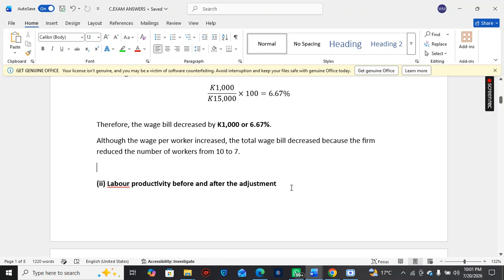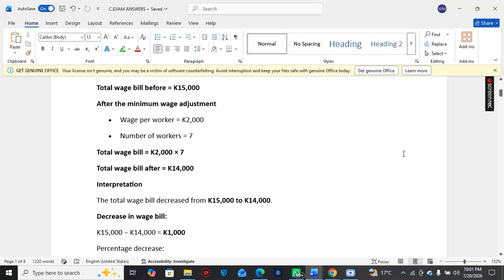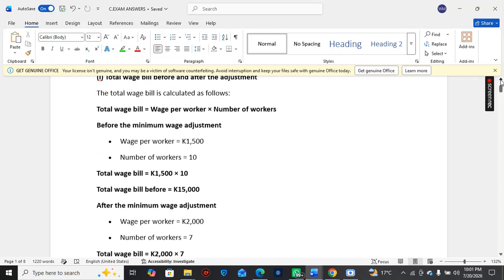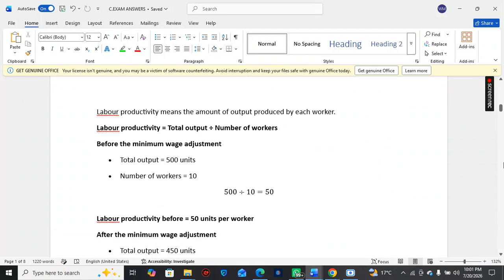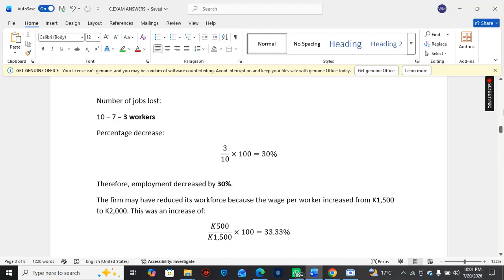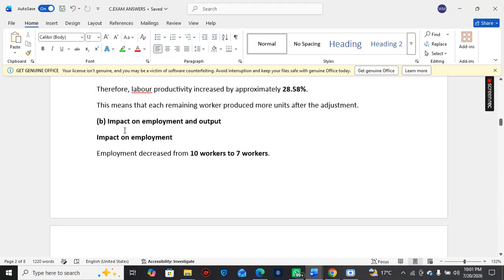Labor productivity before, or how is it like?